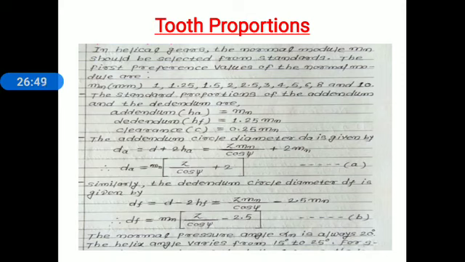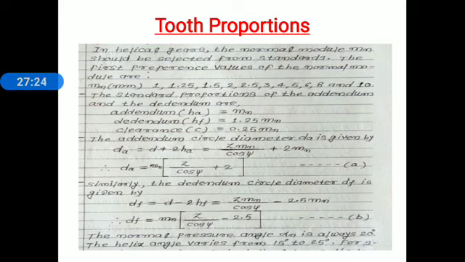Then the expression is z mn divided by cos alpha minus 2.5 times normal module. Again, from these two terms we take common mn, inside the bracket z divided by cos alpha minus 2.5. Then the expression for dedendum circle diameter for the helical gear is normal module times the bracket z divided by cos alpha minus 2.5. This is the expression for dedendum circle diameter of a helical gear.